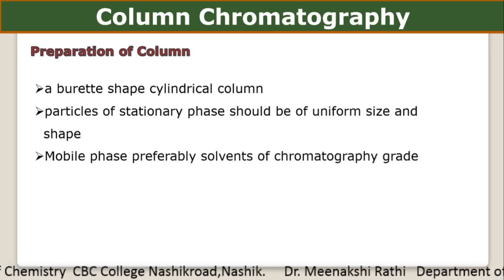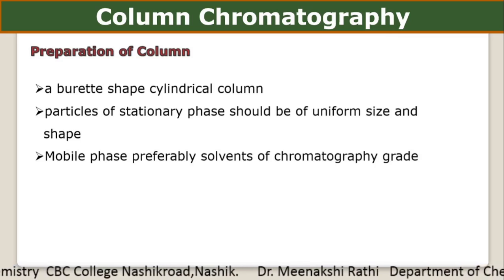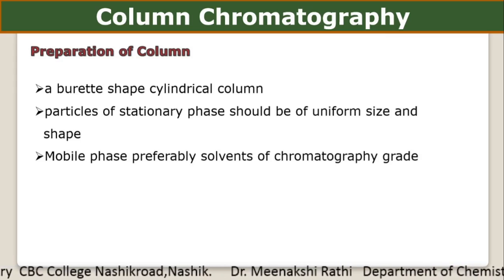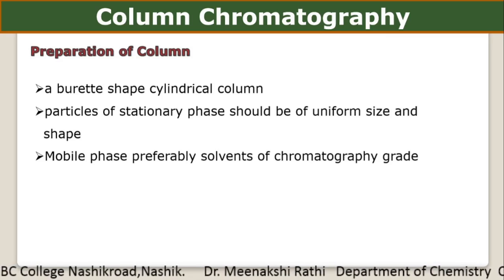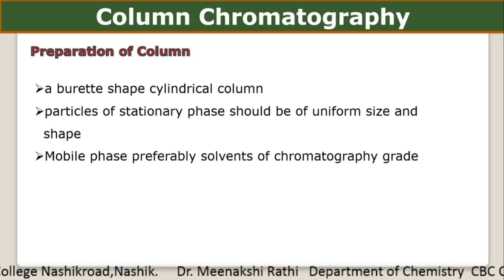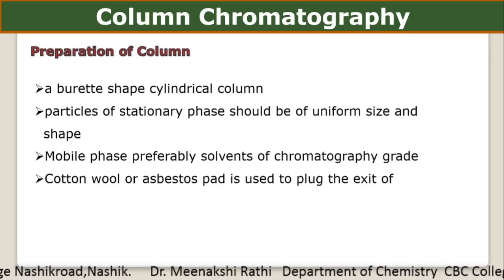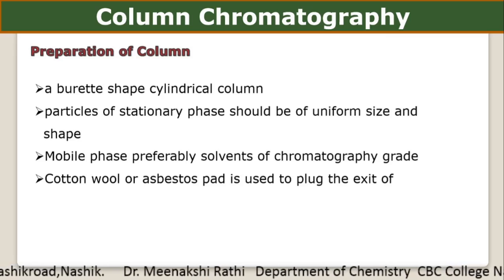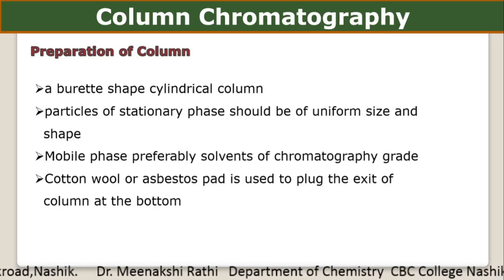Mobile phase: it is the solvent of chromatographic grade. For the mobile phase, either a single solvent or a mixture of solvents can be used as per the requirement for the separation. Then cotton wool or asbestos pad is used to plug the exit of the column at the bottom.